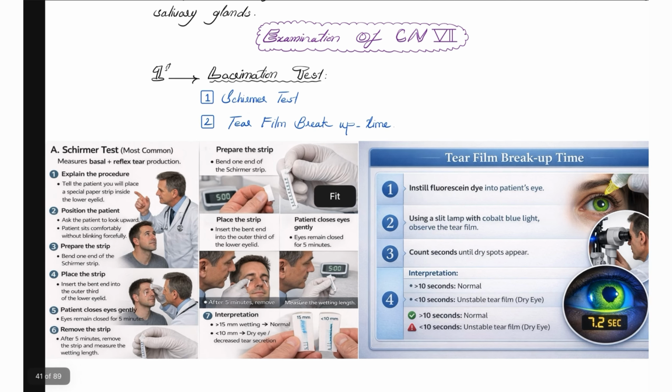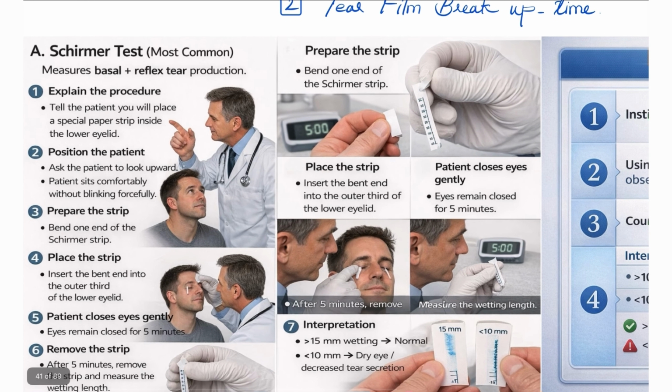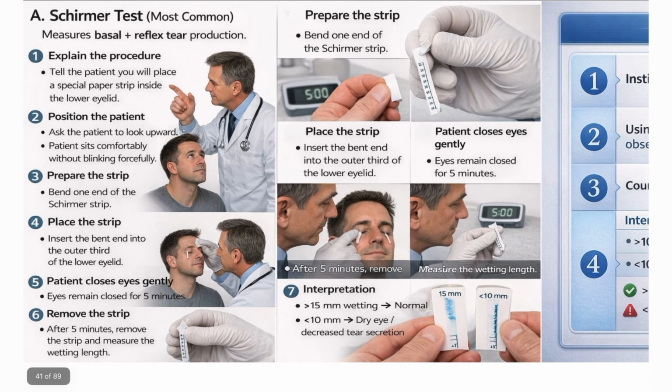First, tell the patient you will place a special Schirmer strip paper inside his lower eyelid, and ask the patient to look upward and sit comfortably without blinking forcefully. Bend one end of the Schirmer strip and insert that bent end into the outer third of the lower eyelid, and then ask the patient to close his eyes gently for 5 minutes.